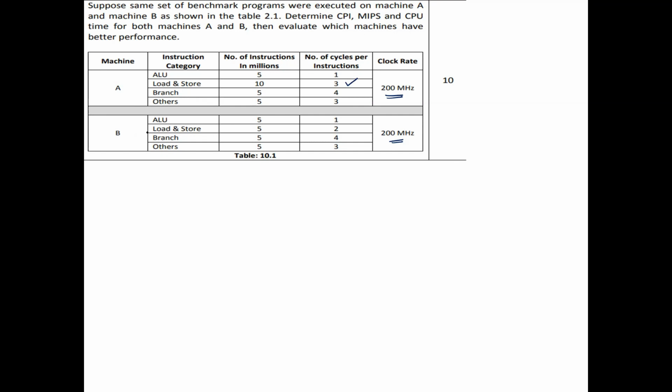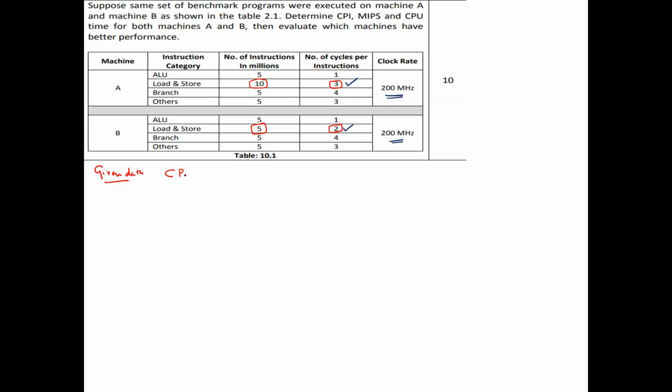But machine B is designed in such a way that it is going to take only 2 cycles per load store instruction. So there is the difference, right? I will mark in a different color the difference between machine A and B in the given data.